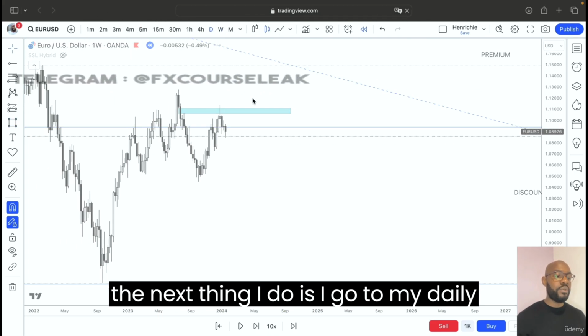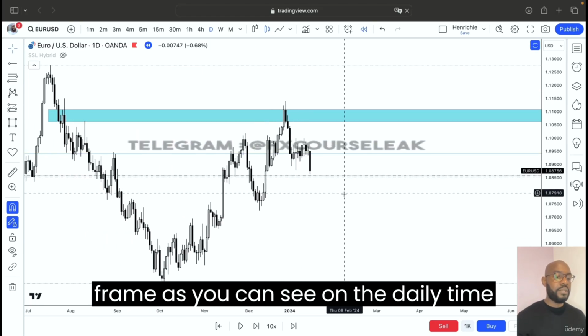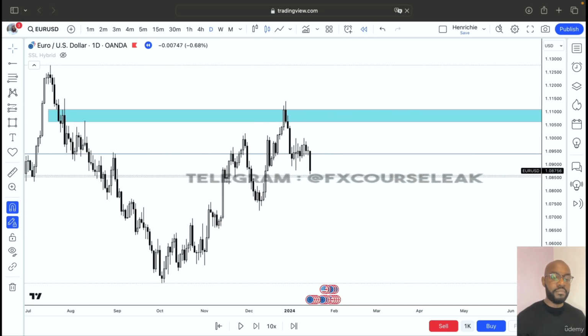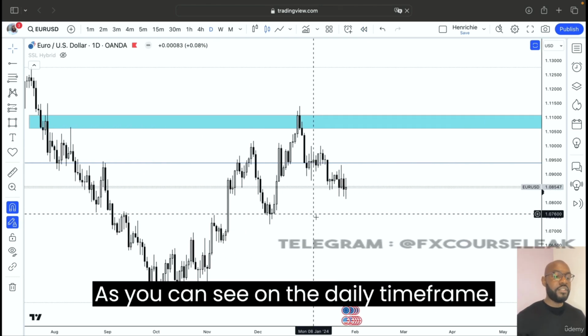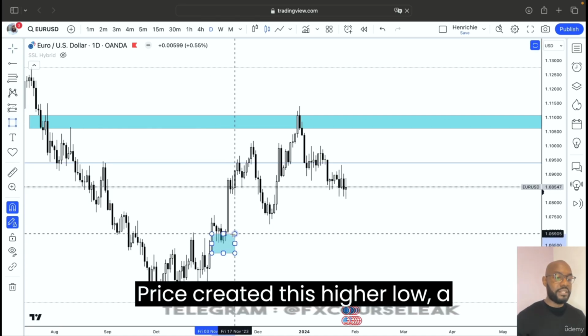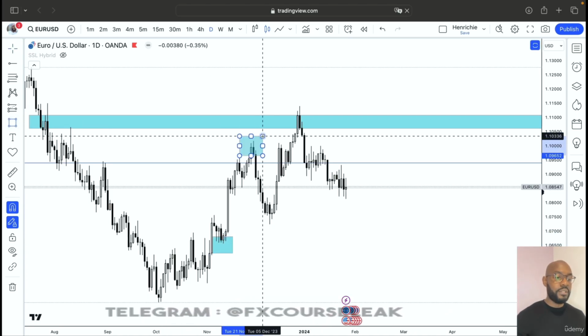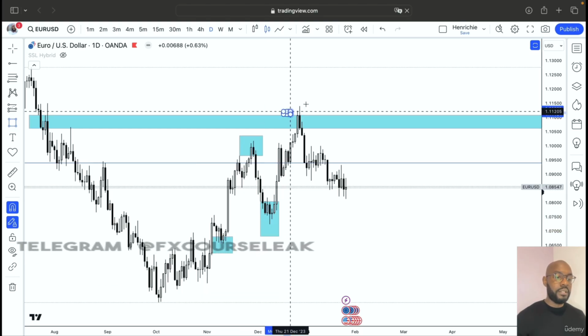Then the next thing I do is go to my daily time frame. On the daily time frame, price created this higher low, a higher high, a higher low, and a higher high.